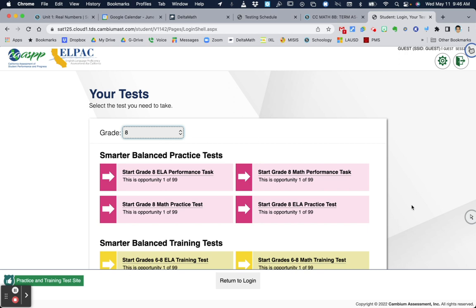And let's see, you want to go down and go to Wednesday practice site. And then click on that link. And then click sign in at the bottom. And select 8th grade.